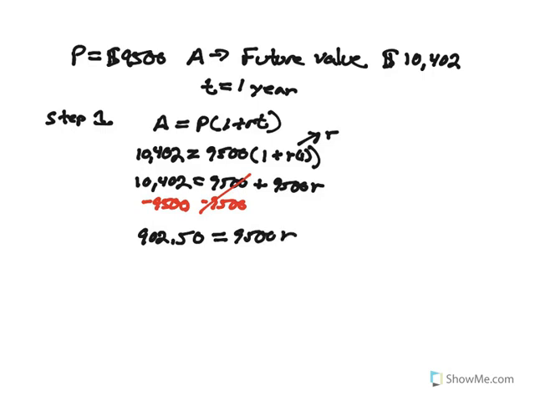And then we divide both sides by 9,500. These cancel. You bring down the R, bring down the equal sign, and then 902.50 divided by 9,500.